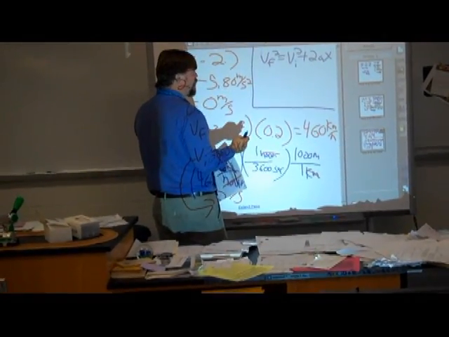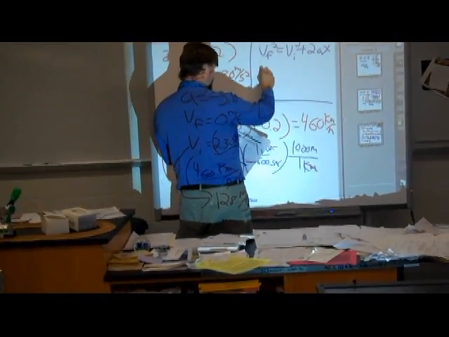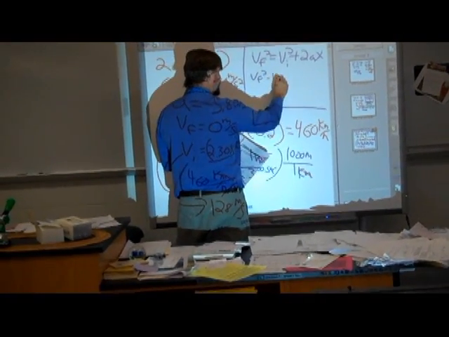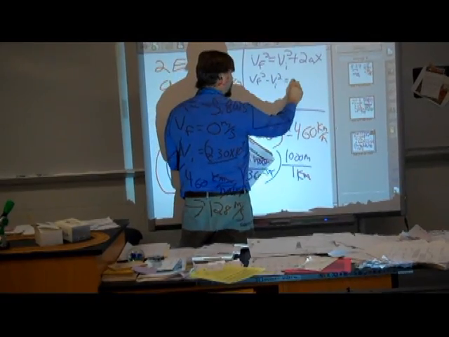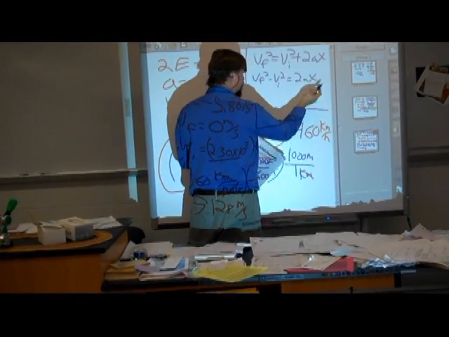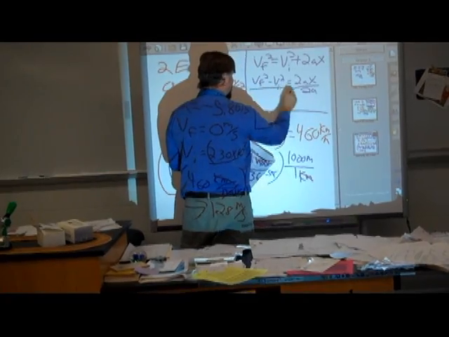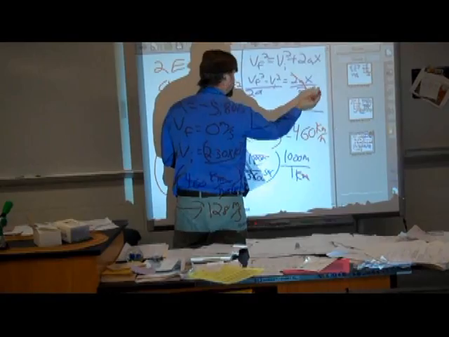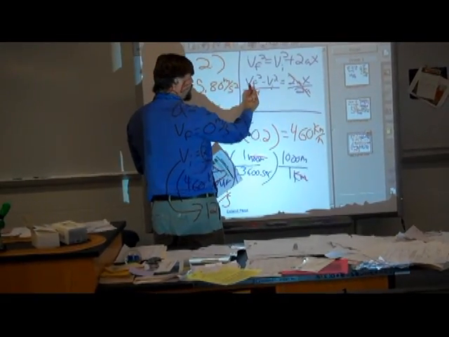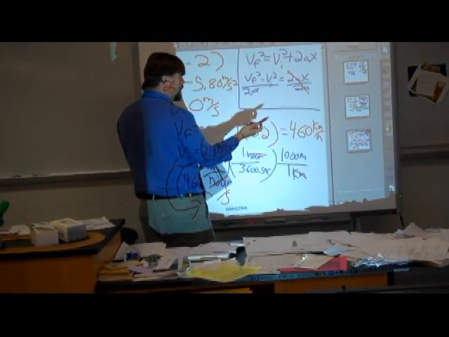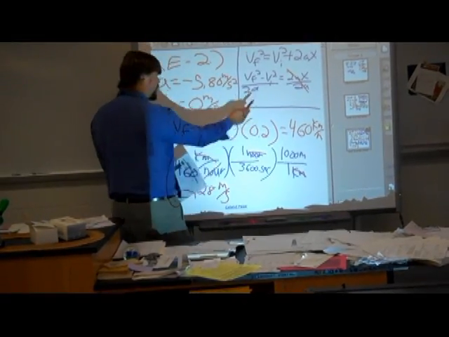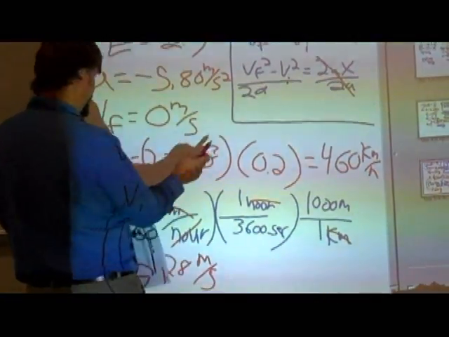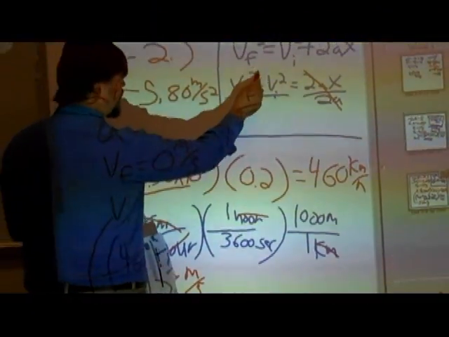And if we subtract VI squared from both sides, we have VF squared minus VI squared equals 2 times a times x. If we're looking for x, we just divide both sides by 2 times a. So x is equal to VF squared minus VI squared divided by 2 times a. In this instance, our VF is 0, so 0 squared can come right out.